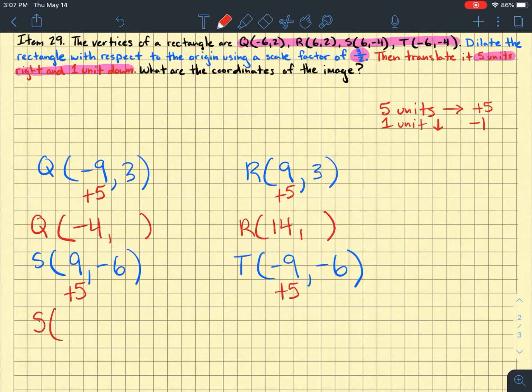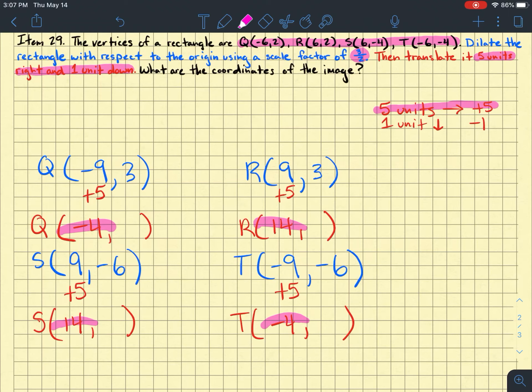S will be located at 9 plus 5, which is 14. And again, we'll do the y's after. T is at -9 plus 5, which is -4. And again, we'll do the y's after. So what we have here in all these points is just the x's done. We moved everything over 5 units to the right.